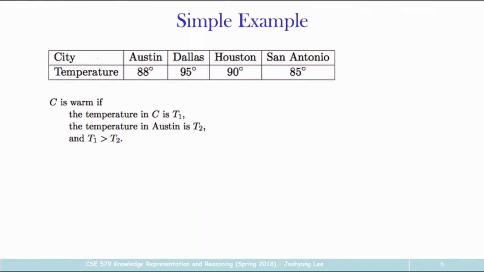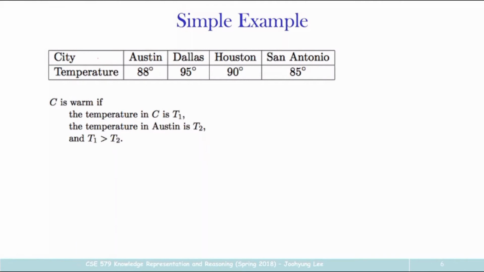The reason that the cities in Texas were selected here is because the author of this note is from Texas. So, believe it or not, according to this definition, as long as a city's temperature is warmer than Austin, then this city is considered a warm city.